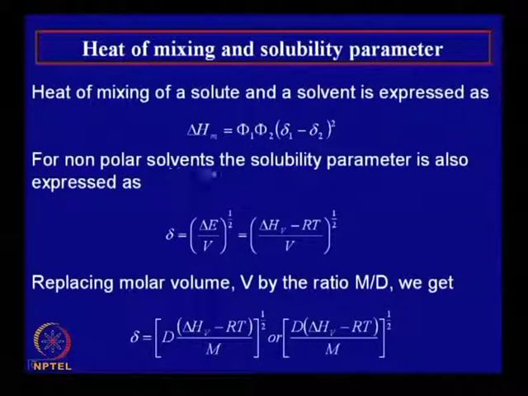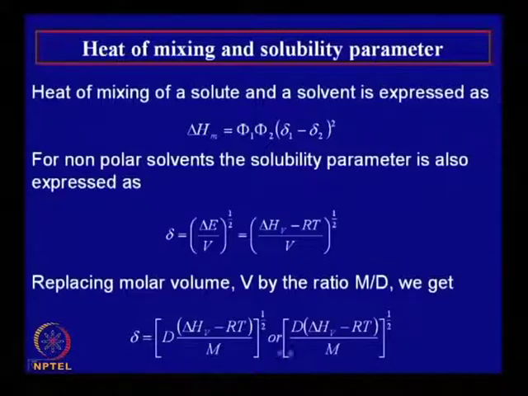Now, for non-polar solvents, the solubility parameter is also expressed as you have seen earlier, from the heat of vaporization per unit volume, then delta is equal to the square root of (delta H v minus R T) by V. Replacing this molar volume V by the ratio m by d, we get this relation.